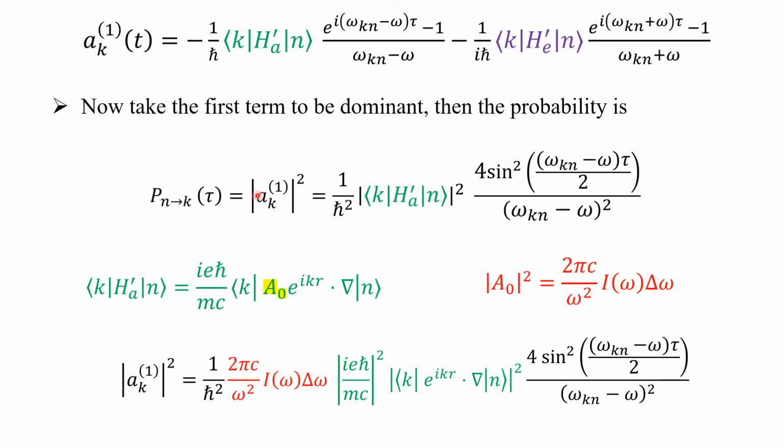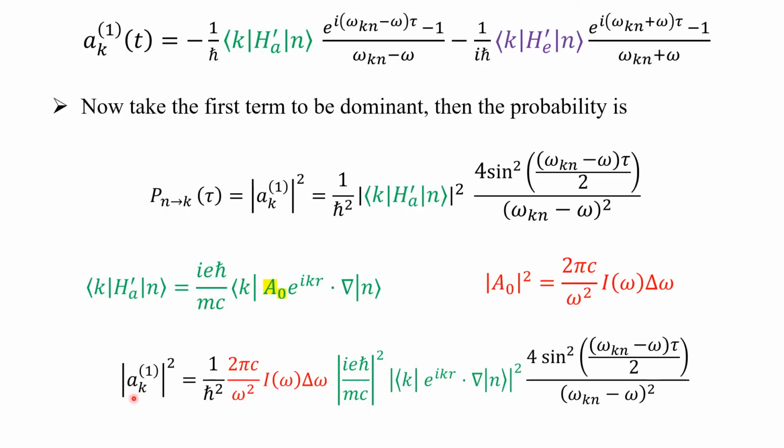And you remember that by definition we got <k|H'_a|n> equal to i e ħ over mc, and this one k A_0 e^(i k·r) del n. Similarly, we know that modulus of A_0 squared is 2 pi c over omega squared I(omega) delta omega.